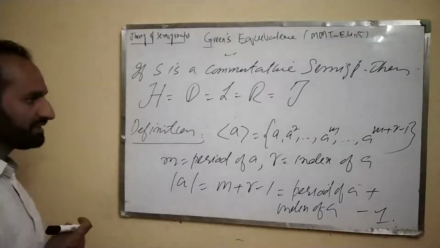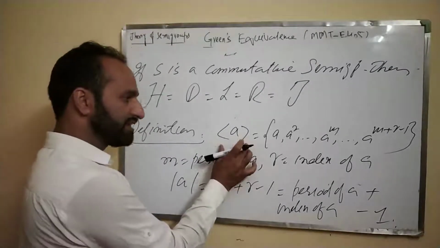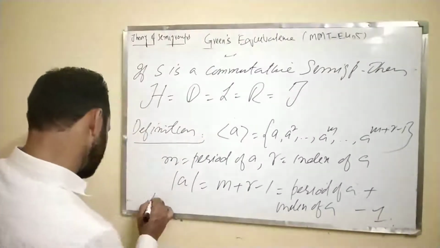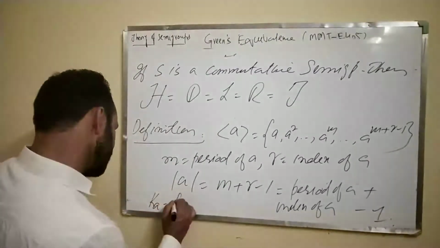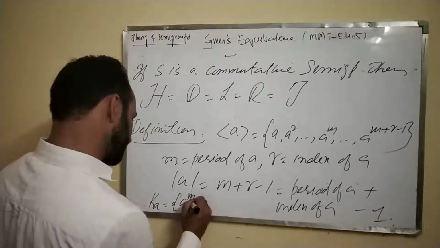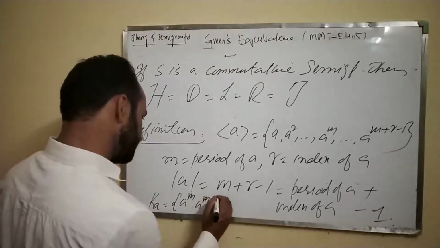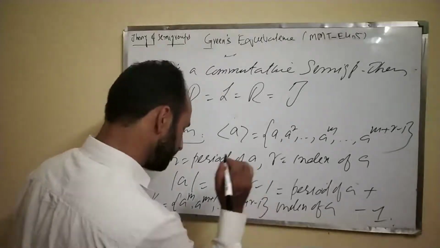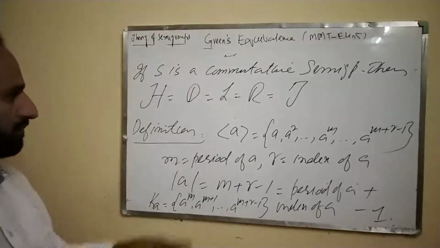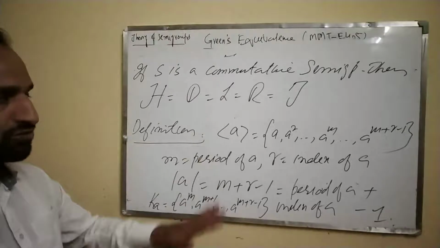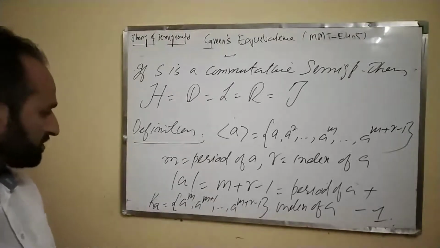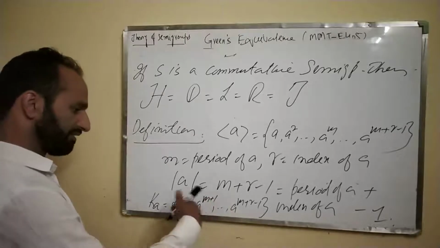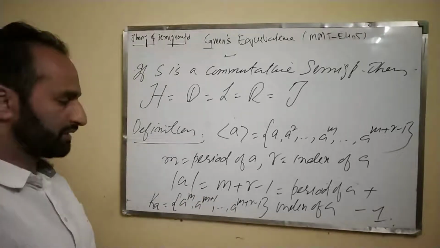And also we have seen that this finite monogenic semigroup contains a subgroup which we have denoted by K, and that K is equal to A power m plus 1 up to A power m plus r minus 1. It's a subgroup of the finite monogenic semigroup. And this subgroup must have an identity. That identity is of this form because every element is A power some natural number.